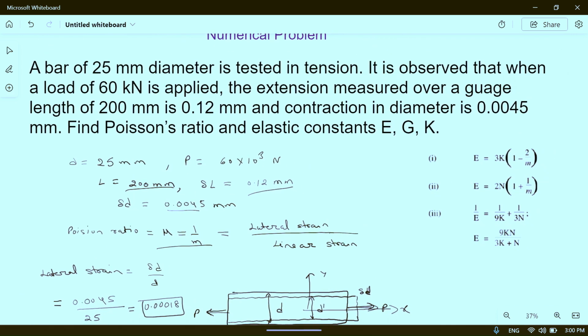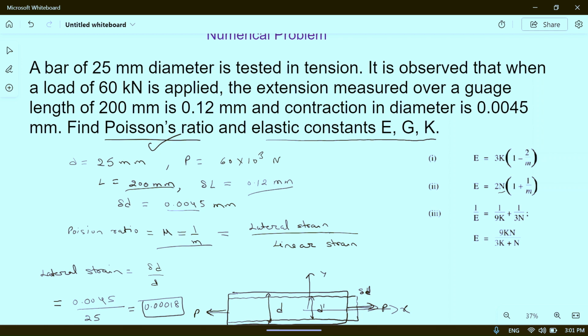What else do we have to calculate? Find Poisson ratio, it is done. We have to find the values of the elastic constants E, G, and K. E is Young's modulus of elasticity. G, which is also denoted by N, and I have denoted it here by N, is the modulus of rigidity, and K is the bulk modulus.